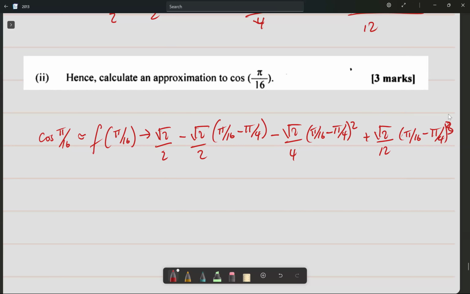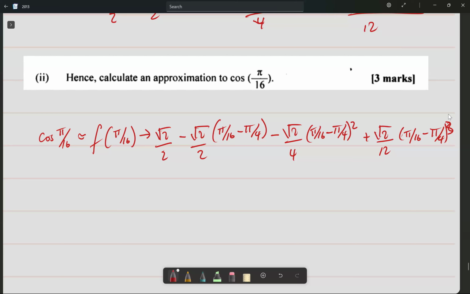There we go. This is where you just throw the entire thing in a calculator.